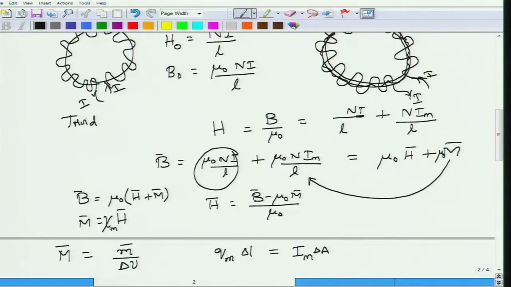This chi m is the magnetic susceptibility, just like you had P is equal to epsilon 0 times chi E into electric field. We in fact evaluated the relationship between P and E and showed that it was linear for small electric fields, right.